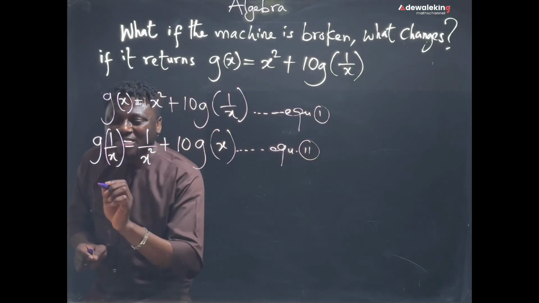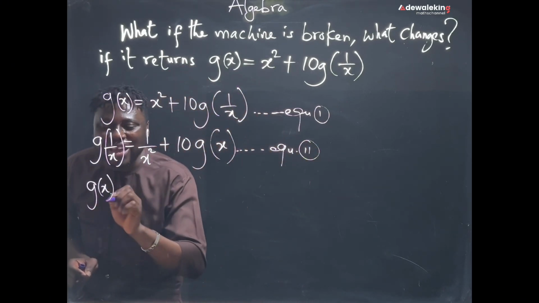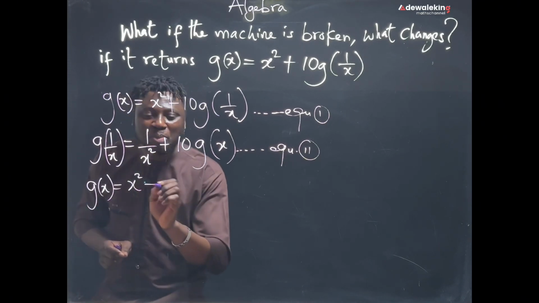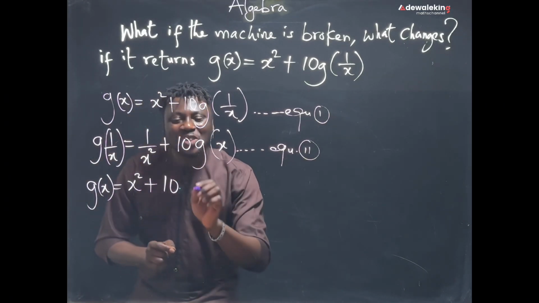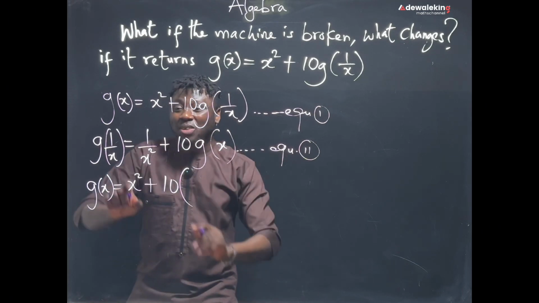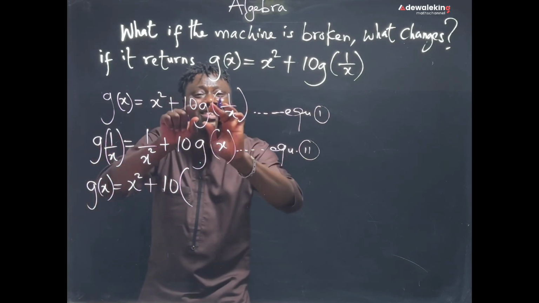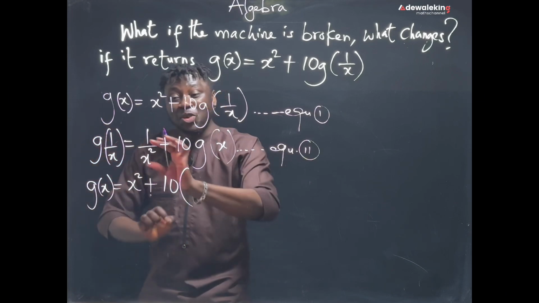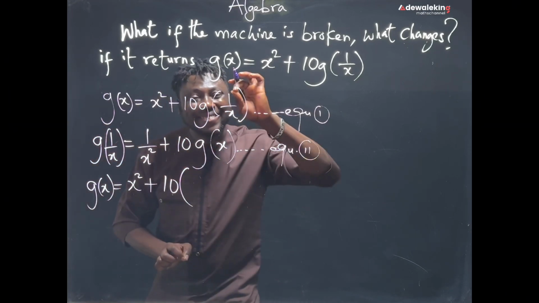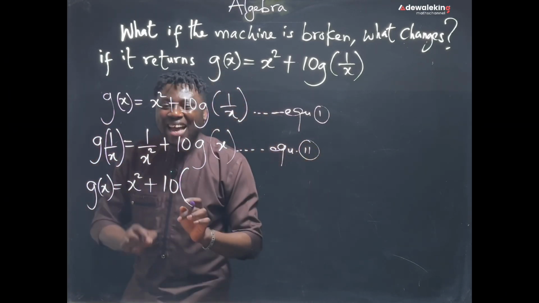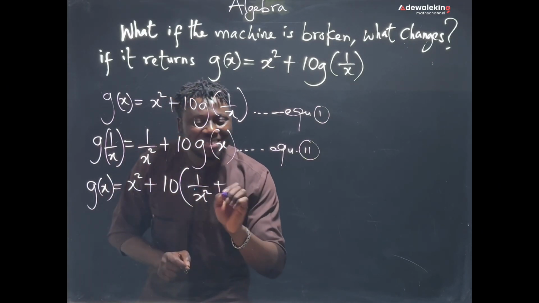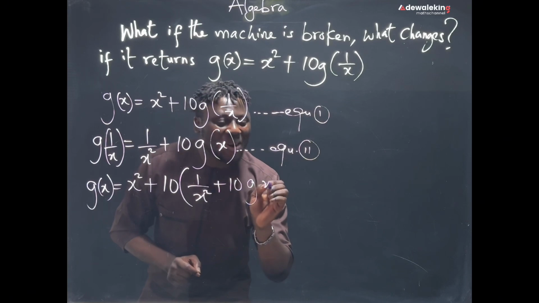So we have g of x equals x squared plus 10. Take a bracket. The whole of this function, because this is g of 1 all over x, I'm going to put everything here into this function as 1 all over x squared plus 10g of x.